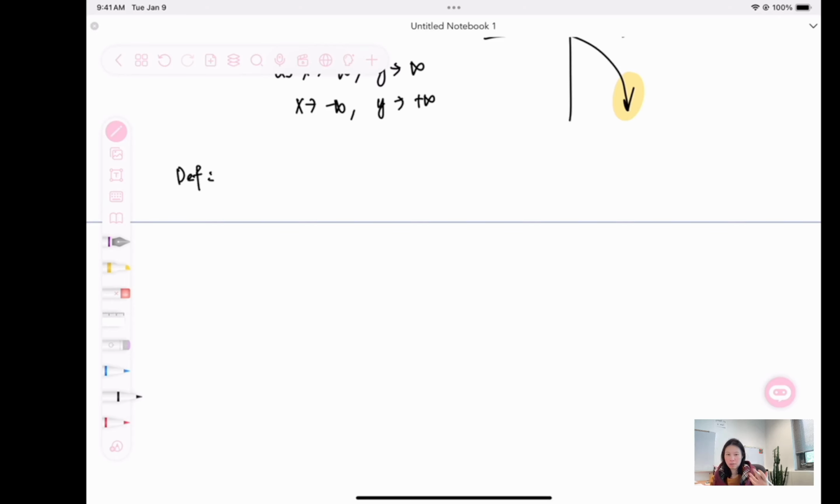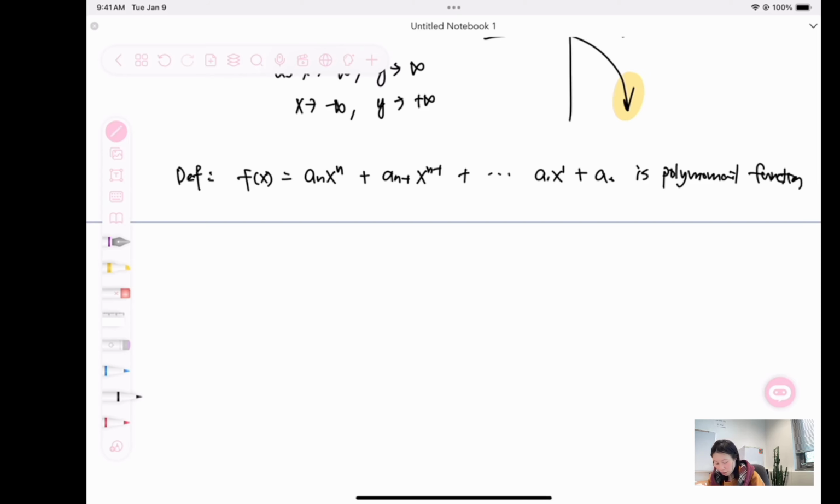All right, so the next part is, since we learned power function, what is a polynomial? A polynomial is basically multiple power functions combined. By definition, it looks like this. This might look complicated. If I give you an example, you will know what a polynomial function looks like, such as 3x to the 4th minus 7x squared plus 8x to the 9th plus 2/3 of x to the 5.